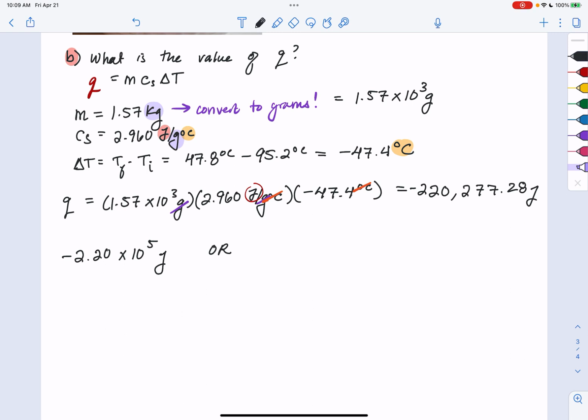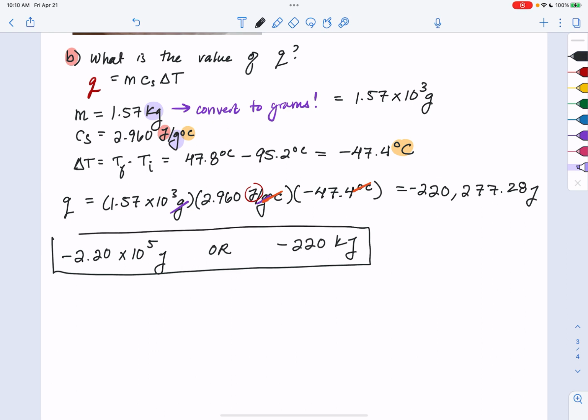The kilojoule is an energy unit that we will see a lot popping up in chemistry, so I'm totally okay if you express your answers in kilojoules, since we'll be needing to do that anyway. If I'm going to do kilojoules, I need to move my decimal over 3 places: negative 220 kilojoules. Both of these are totally fine.